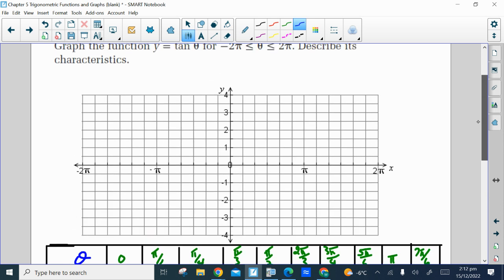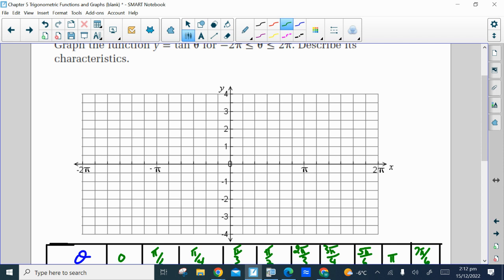So plot the points. I've got the point 0, 0. At pi on 6, this graph is set up for 6 pi on 6s, because this is 1, 2, 3, 4, 5, 6 sections between 0 and pi. So each one is a pi on 6, and you're going to get 0.58 just above 1.5.